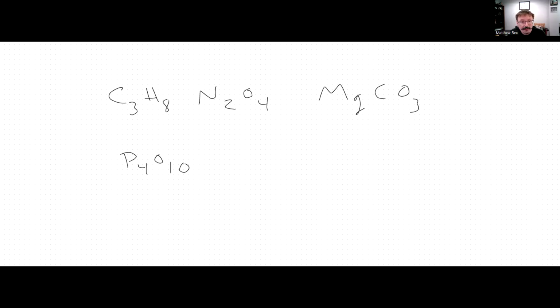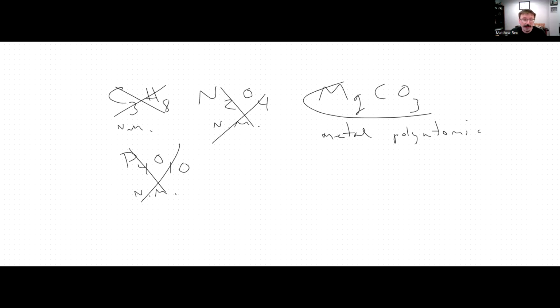In this case, these are all non-metals, so that's out. Both of these are non-metals, so that's out. Both of those are non-metals, so that's out. Here we have a metal, and we have a polyatomic ion, carbonate. So that was our ionic compound out of those.